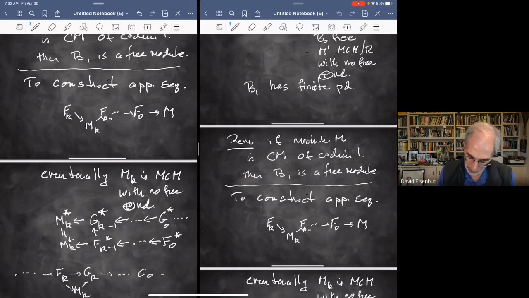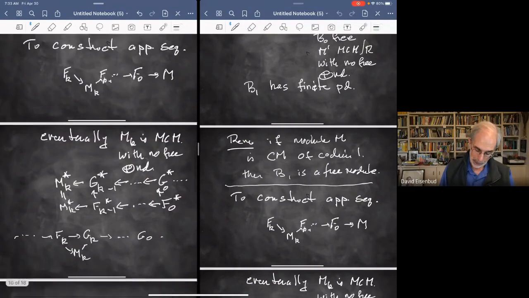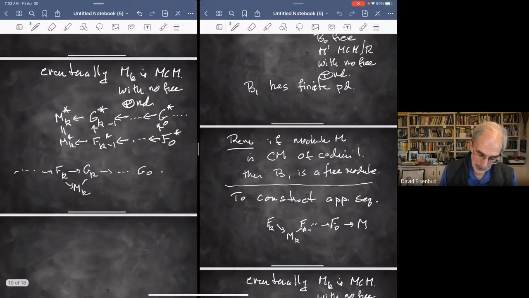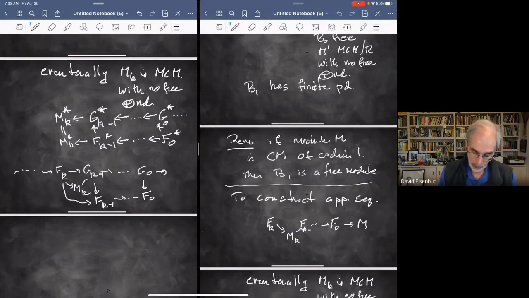So I have the map going up, from F to G, and then when I dualize, I get a map going down from G to F, Fk minus 1 down to F0. And of course, that will induce a map from the co-kernel of G1 to G0, let's call it M prime, to M. So I get a map from M prime to M.